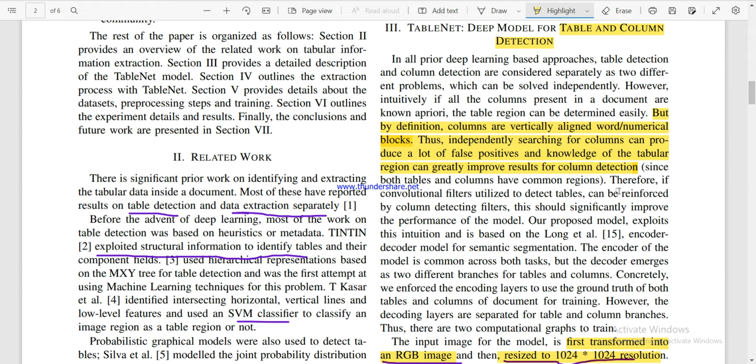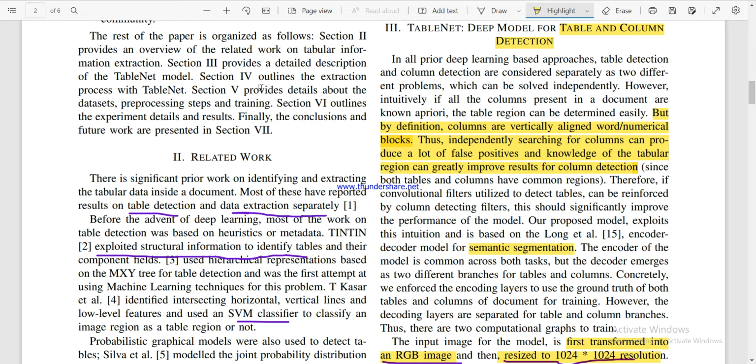Their proposed model exploits this intuition and is based on Long et al., paper 15, an encoder-decoder model for semantic segmentation.